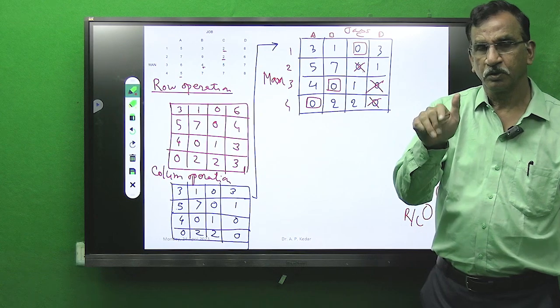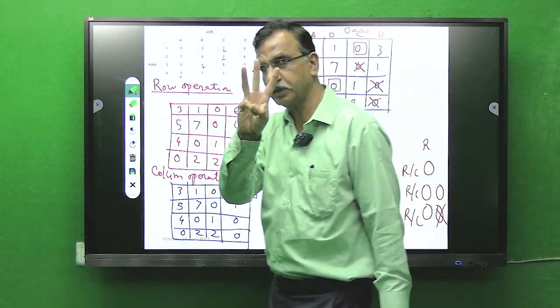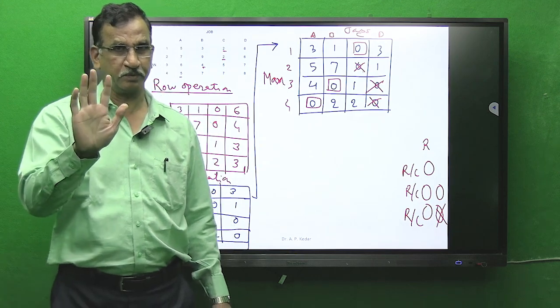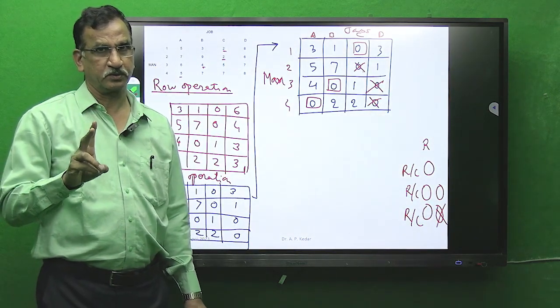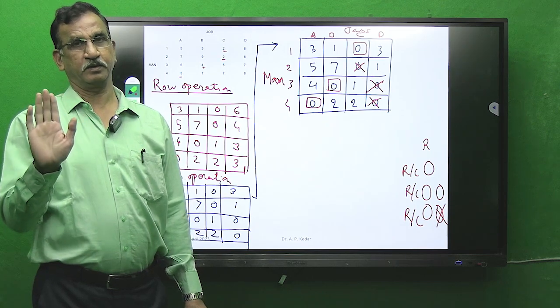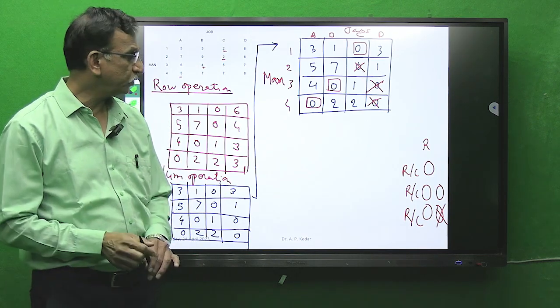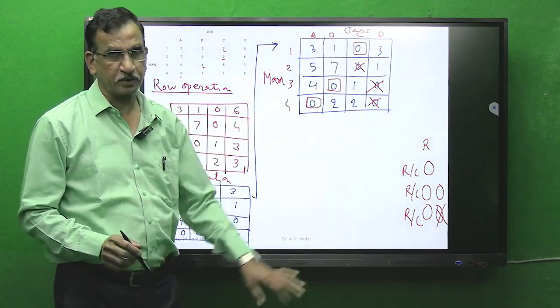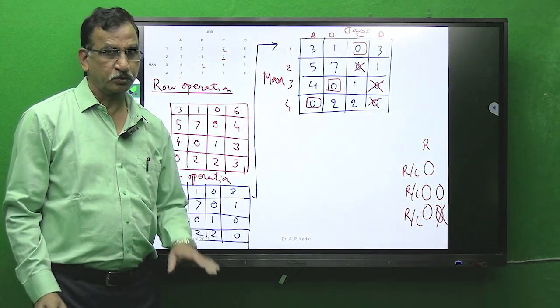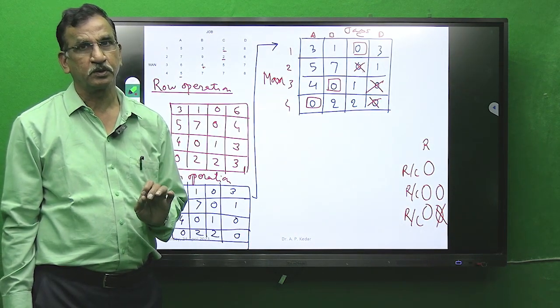Thumb rule: for 3 by 3, 3 assignments, for a 6 by 6 matrix, 6 assignments. For a 10 by 10 matrix, 10 assignments. 100 by 100 matrix, 100 assignments. Now here for the 4 by 4 matrix, only 3 assignments. So definitely this is not the optimal solution.